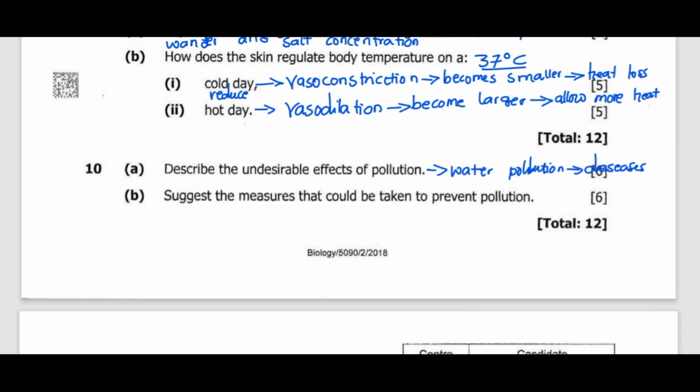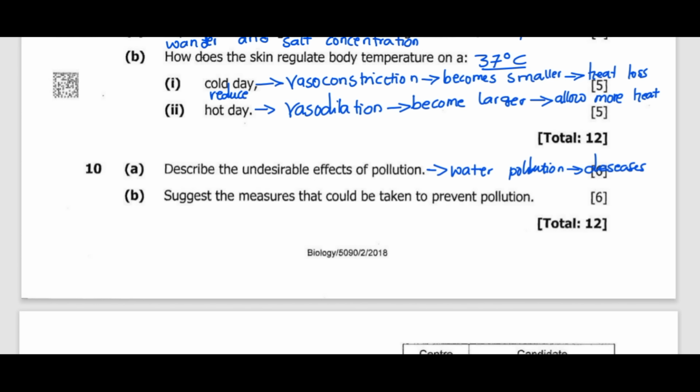Let's say we allow sewage into a water body, so we may find that bacteria may develop. And we know that a bacterium is considered to be a pathogen. And we know the pathogen, we said, is any microorganism that has the ability to cause infection.